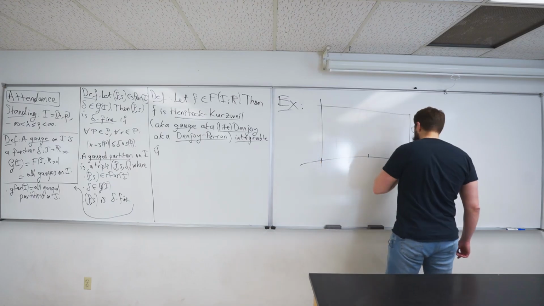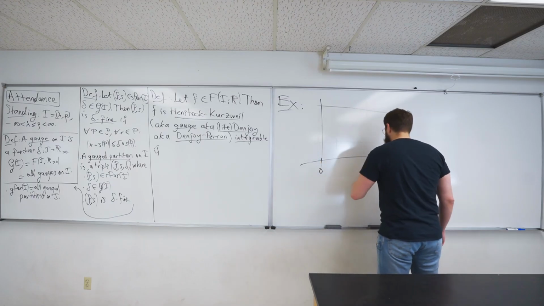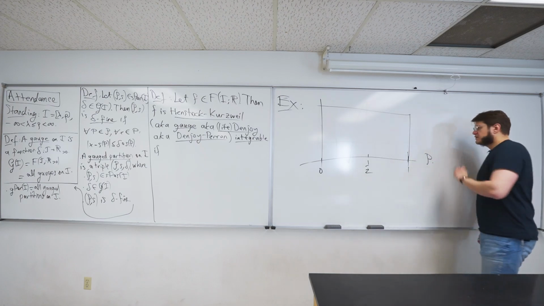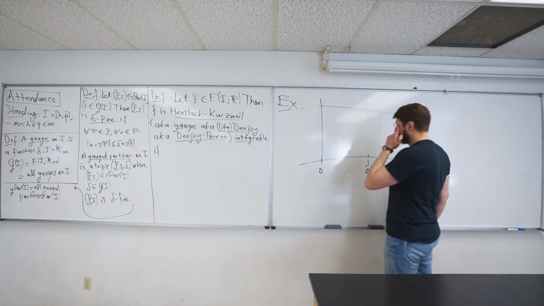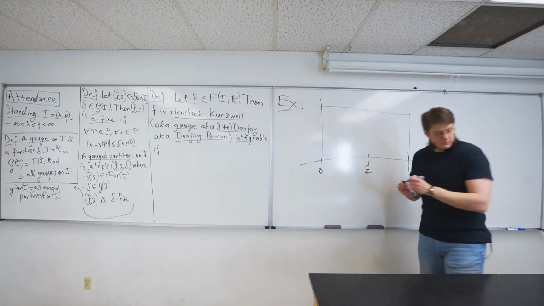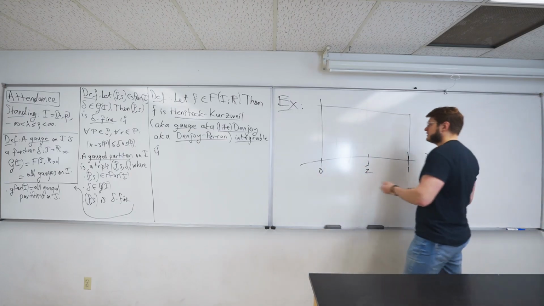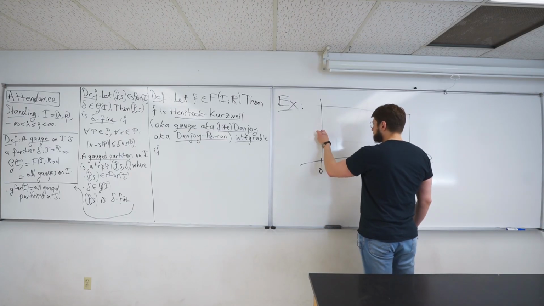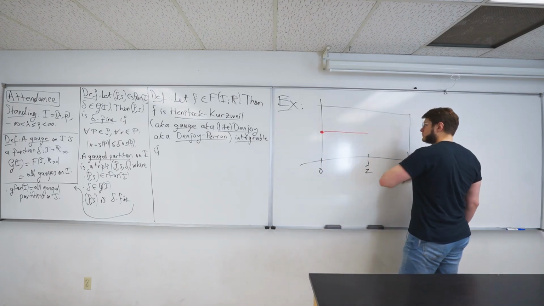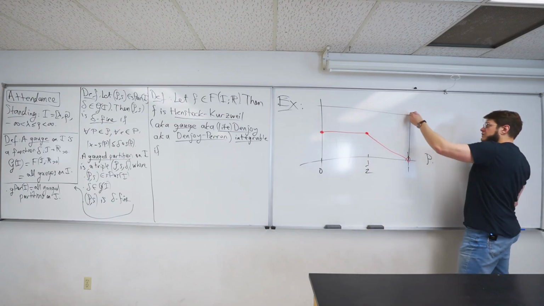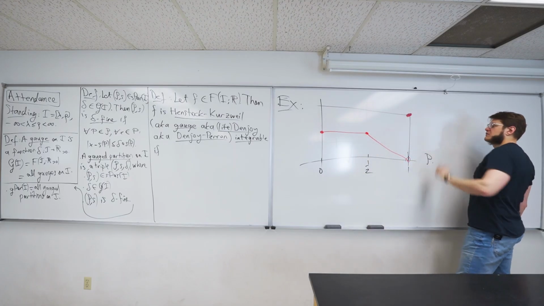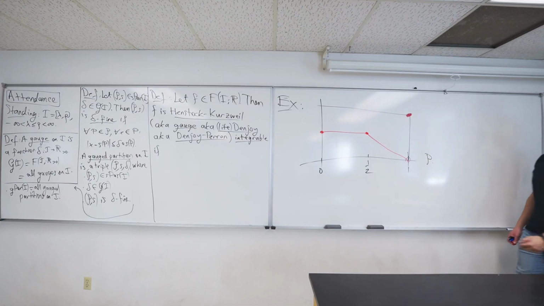It divides into two halves. 0, 1/2, 1. That's my P. Let's say my delta, my gauge, is something like this. It's constant here. Then it drops. And there's a jump over here. This could be a delta.